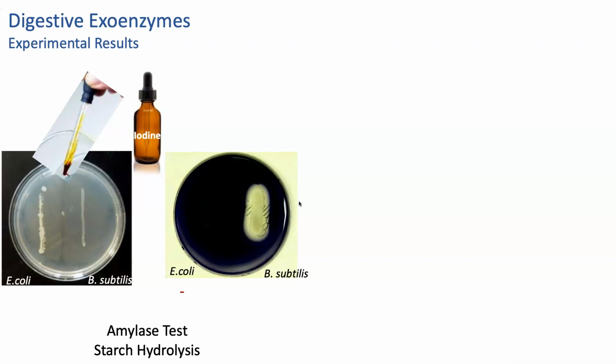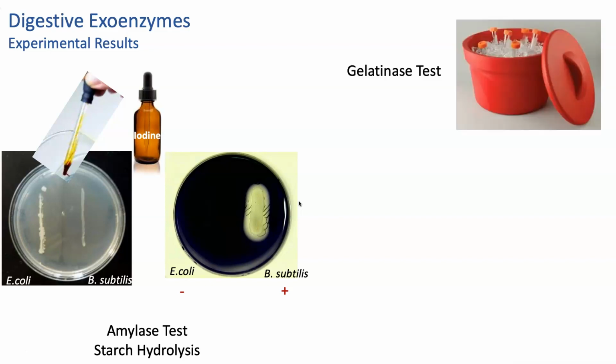Okay? The second exoenzyme that we tested today was gelatinase. This is the gelatinase test. Now, I showed you my gelatin media. It was solid. We inoculated it with a heavy inoculum of our unknown, or my controls in this case.